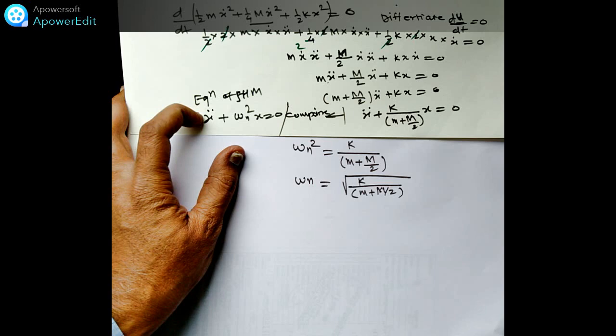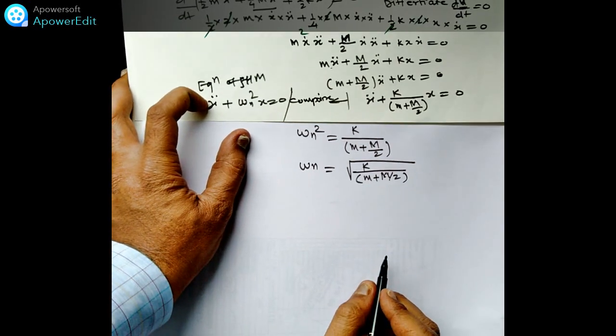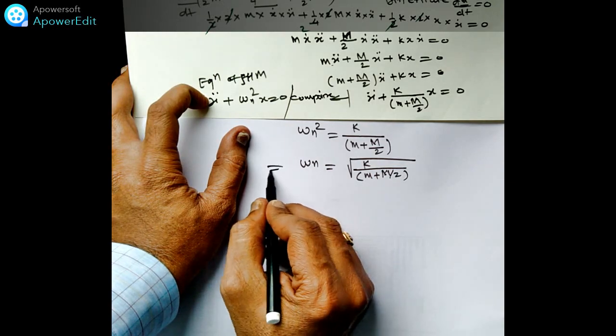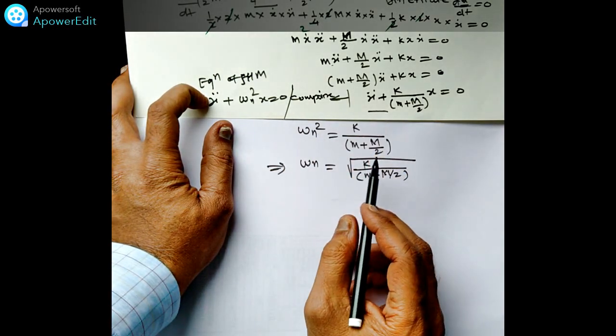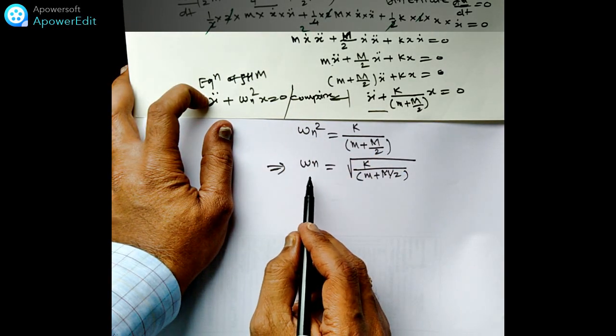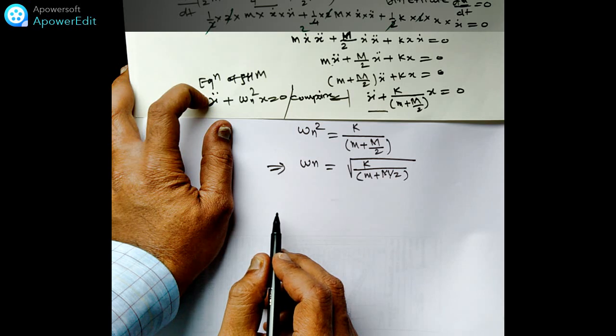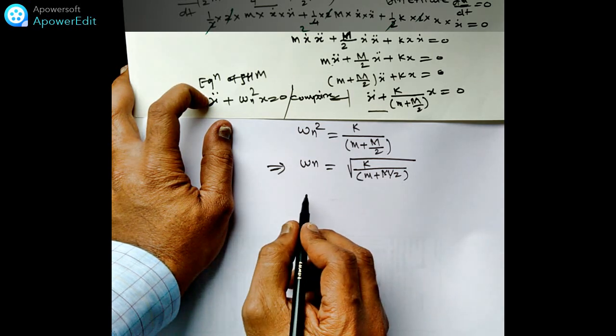So in this case, what will happen? This is the differential equation, okay, and this is your natural frequency. Once the natural frequency is obtained, we can find out the frequency by putting this value in this formula.